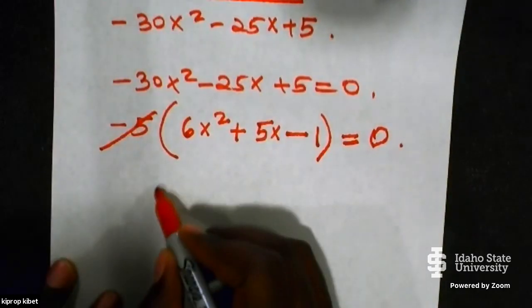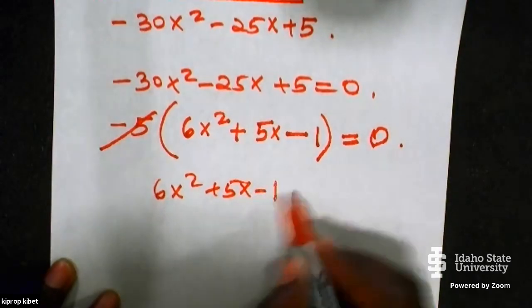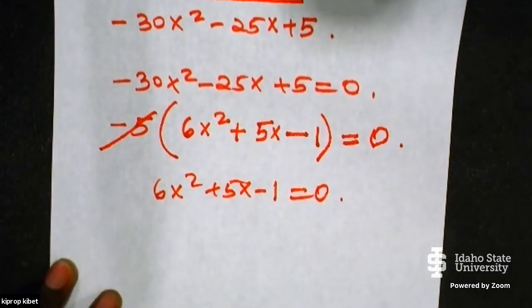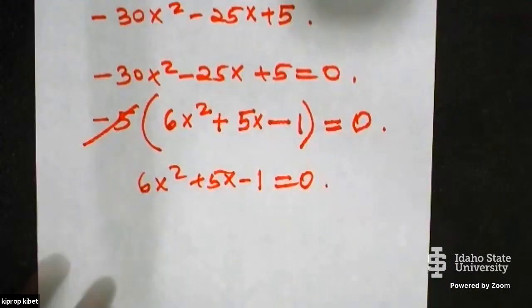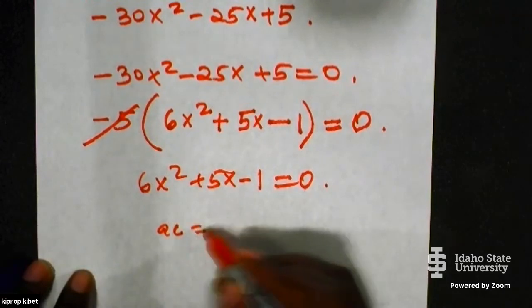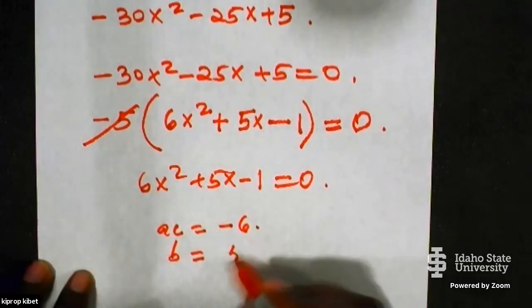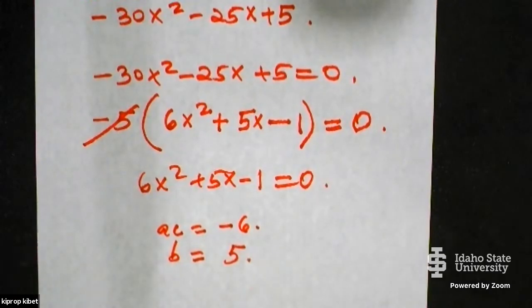So what you remain with is 6x squared plus 5x minus 1 equals to what? Equals to 0. And then now you use the AC method. So the product, which is the AC, equals to minus what? Minus 6. And then B equals to what? Equals to 5. So what are the two numbers in which the product is minus 6 and the sum is 5?